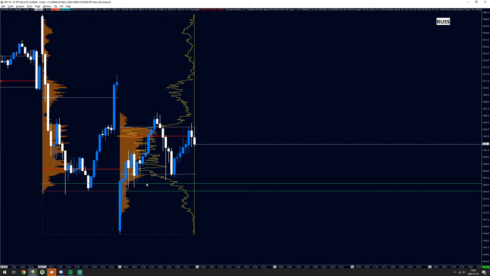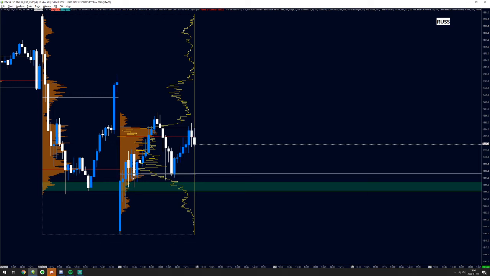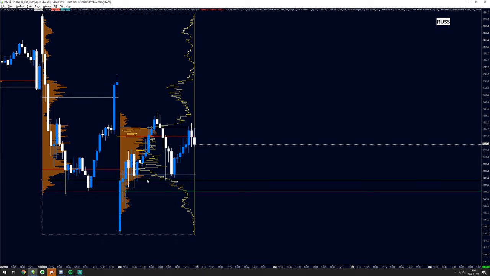I might even go as far as to draw it like this, where I would just have it like that. And I wouldn't even say this is really for the auction part. This is more of a high volume node that we ended up forming. But at the same time, I'm not about to get that picky within a few ticks.